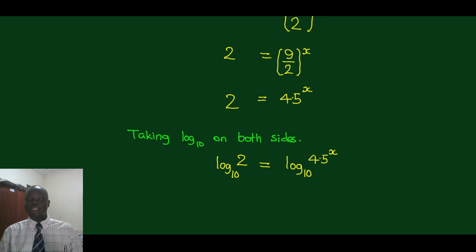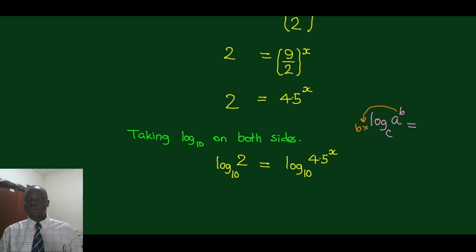And again, we can see that there's a certain power rule that says if you have a logarithm of maybe a to the power of b, we can lower down this power to multiply whatever we have here.